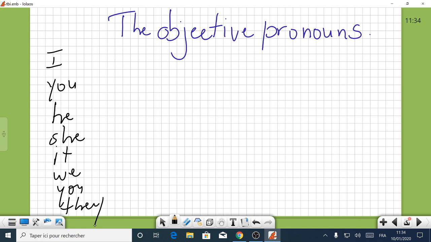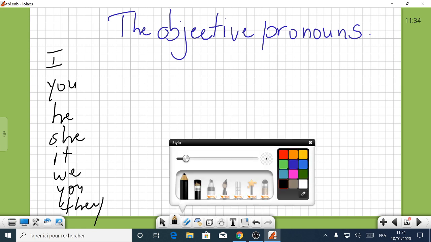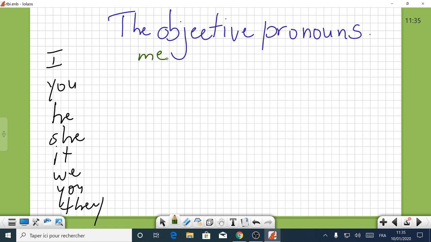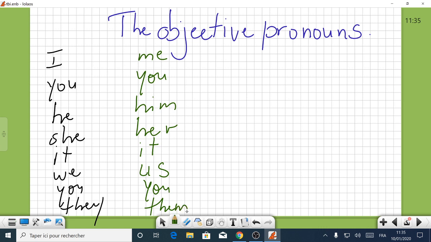So here I take another color. So this I becomes what? Becomes me. And this you becomes you. There is no change. And he becomes him. And she becomes her. And it becomes it. There is no change, of course. And here we have we becomes us, and you, no change. And they becomes them. So these are objective pronouns.